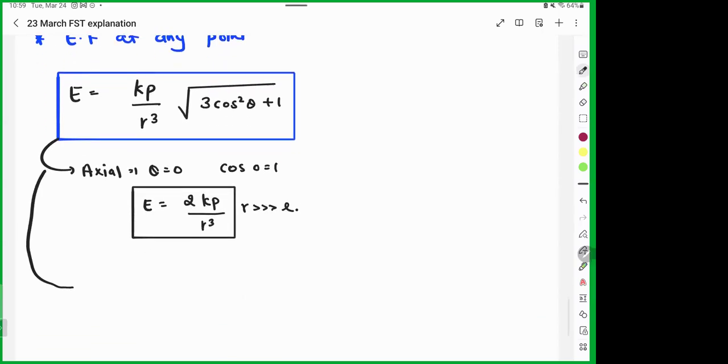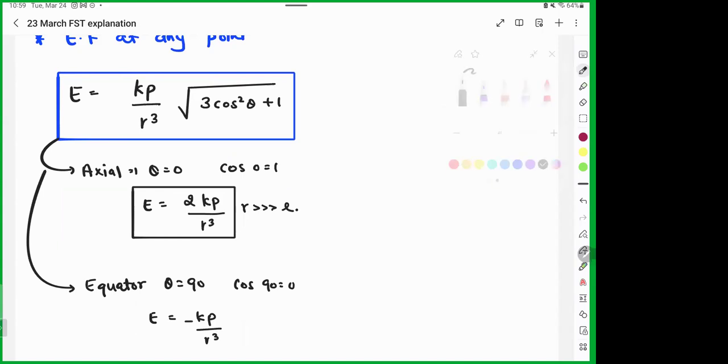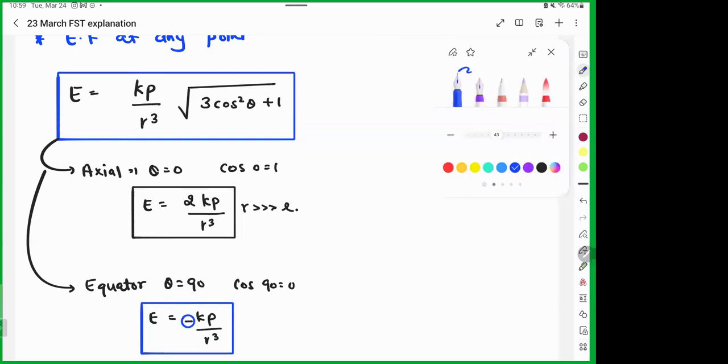For equatorial point, at equator, theta will be 90, cos 90 value is 0. So electric field will be equal to minus Kp by r cube. Minus, I will tell you why. Very, very important, minus sign. Highlight this point.